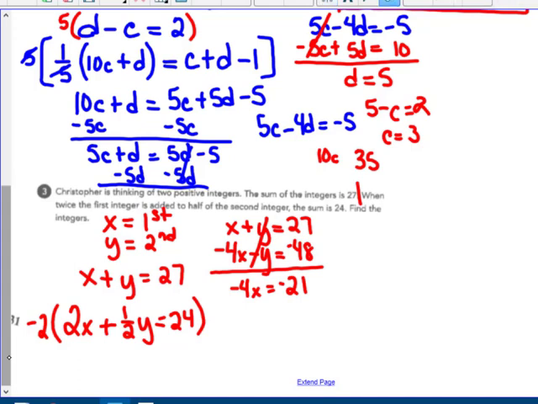Oops, -3x, not -4x there. -4 plus a 1 gives you a -3x. Dividing by -3, careful there, x has to equal 7.